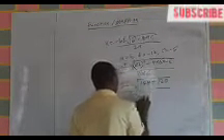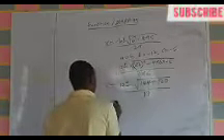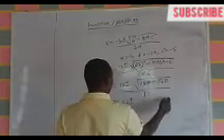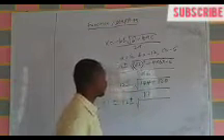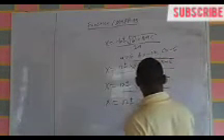So x equals 12 plus or minus the square root of 144 plus 120. That means we are having 264 over 12.